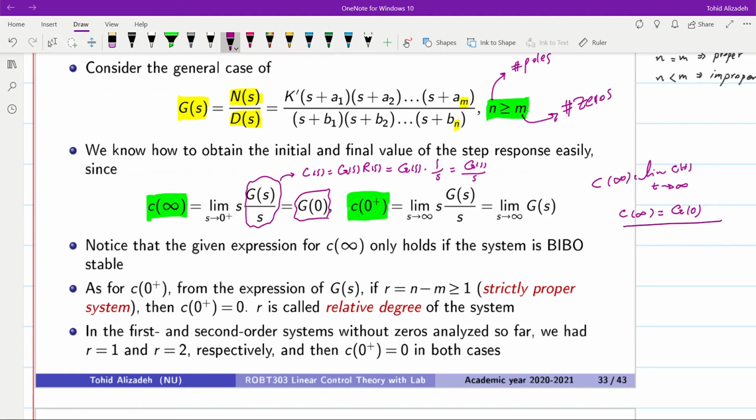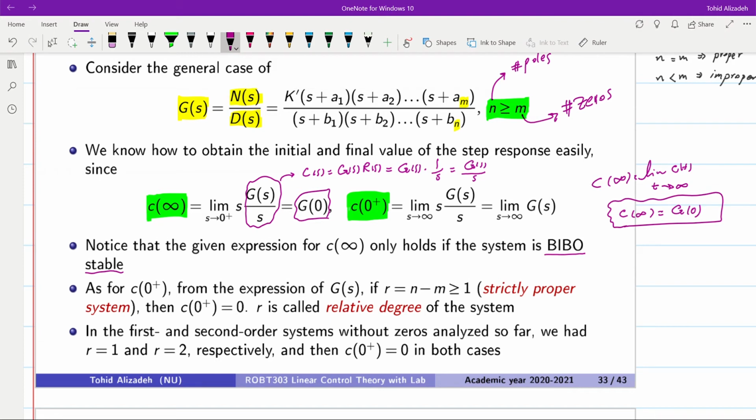And obviously we have the assumption in mind that we have a BIBO stable system, bounded input, bounded output. Otherwise we can't get the final value, or c at infinity.